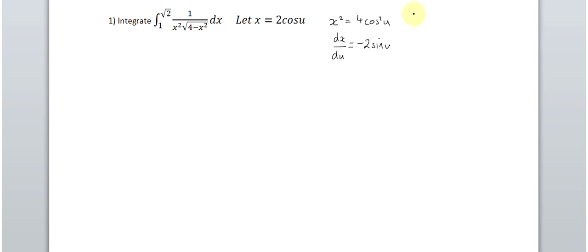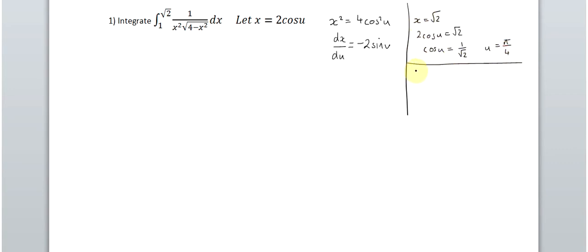So if x equals root 2, then we end up with 2 cos u equaling root 2, which rearranges into cos u equals 1 over root 2, and that gives us u equaling pi by 4.